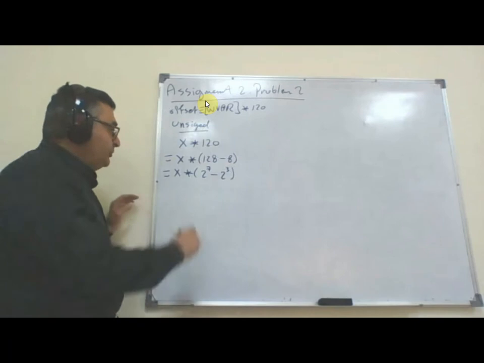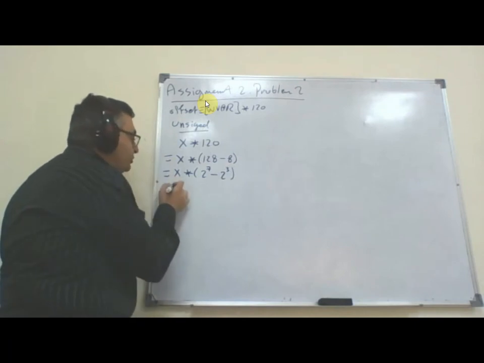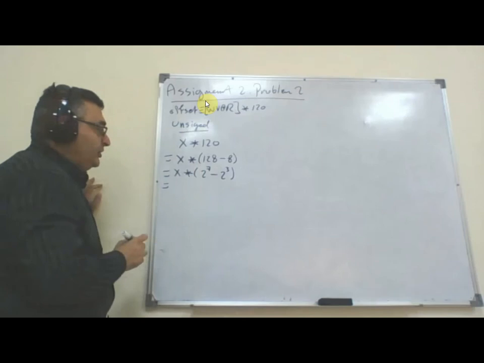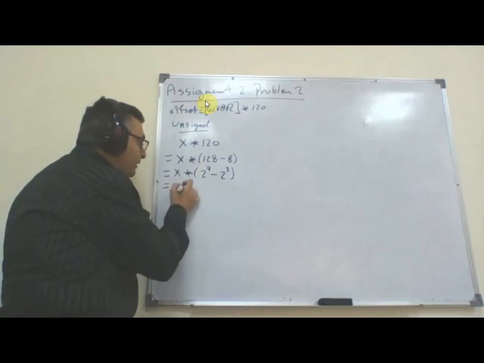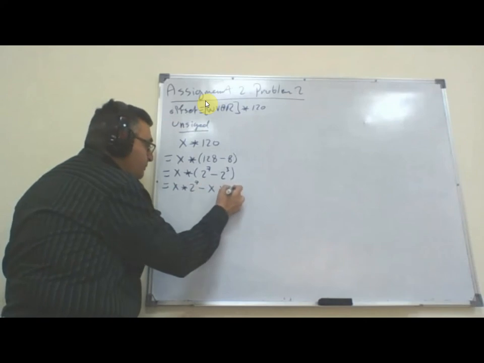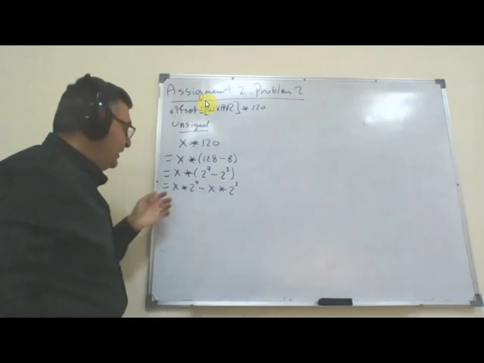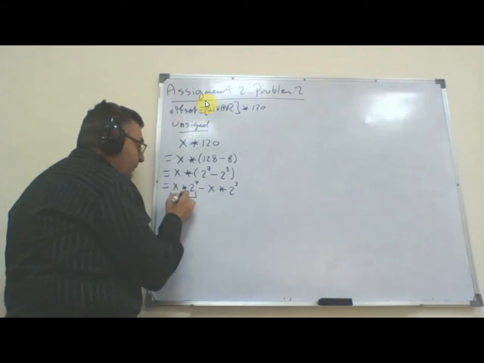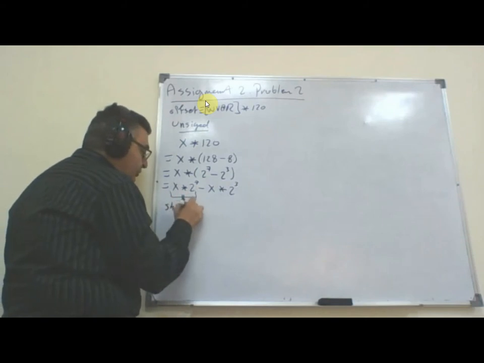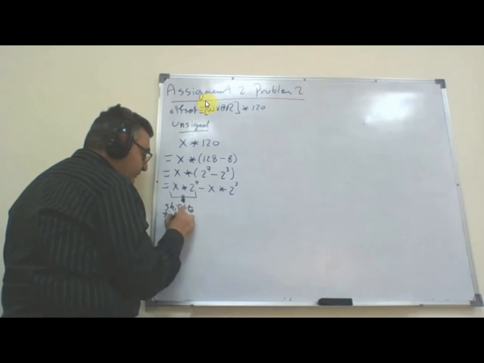So now I want to do 2 or 3 operations. I can multiply x with 2 to the power 7 minus multiplying x with 2 to the power 3. This can be performed through shifting to the left.